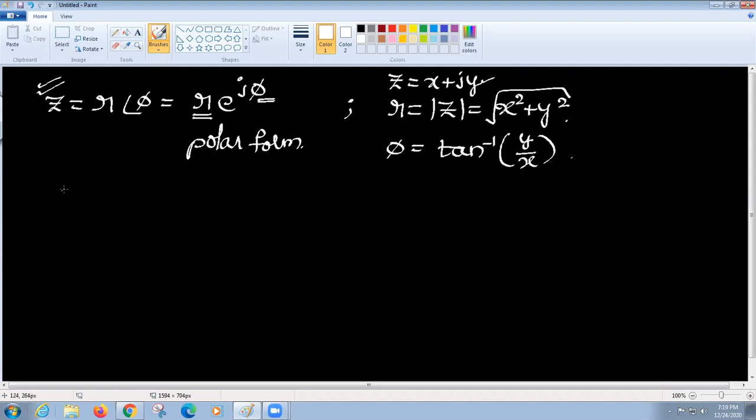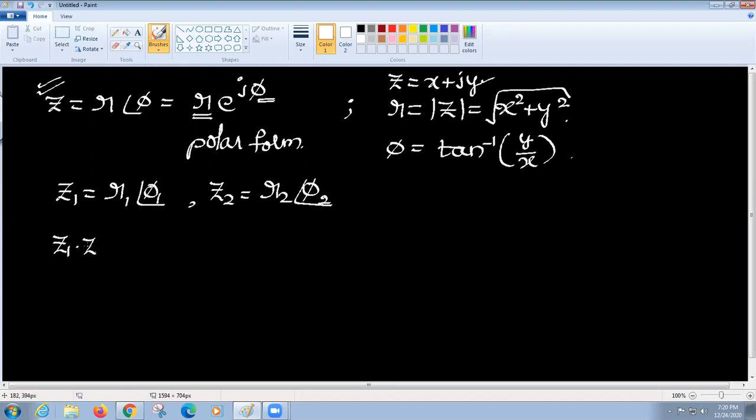For example, I have two complex numbers: z1 is r1 angle phi 1, and z2 has magnitude r2 and phase phi 2.